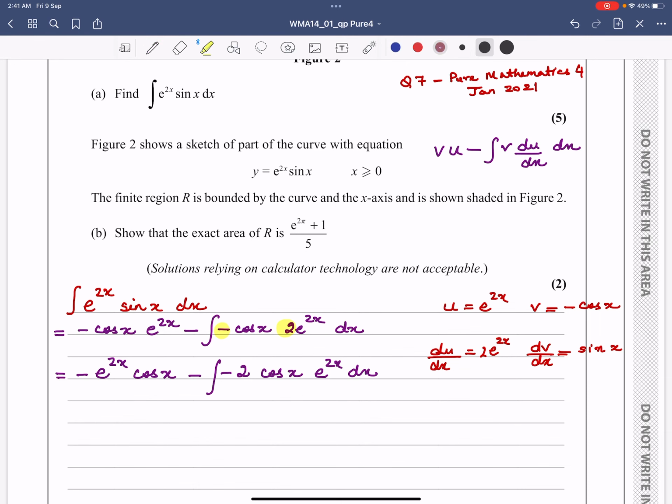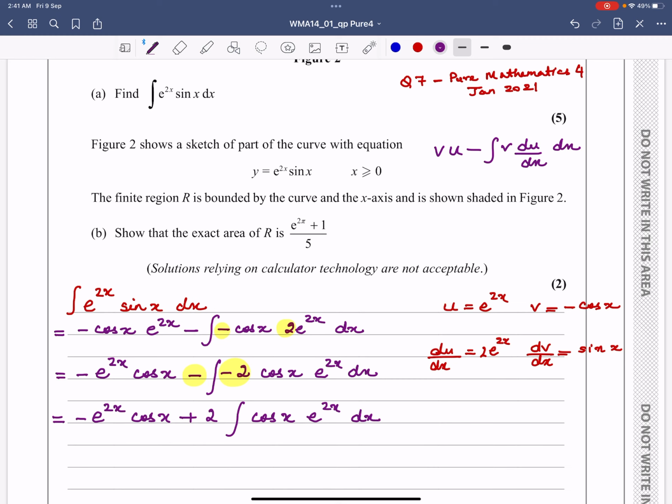Now since the minus 2 is a constant, I can pull it outside the integral sign, and the minus along with this minus will become plus. So this is equal to minus e to the power of 2x cosine x plus 2 into the integral of cosine x e to the power of 2x with respect to x.